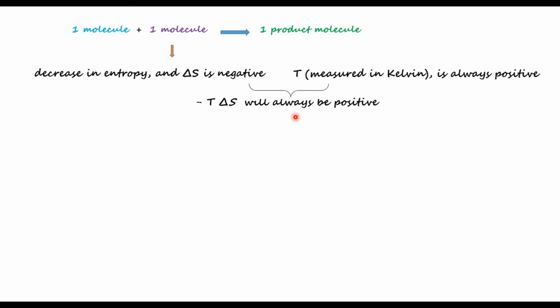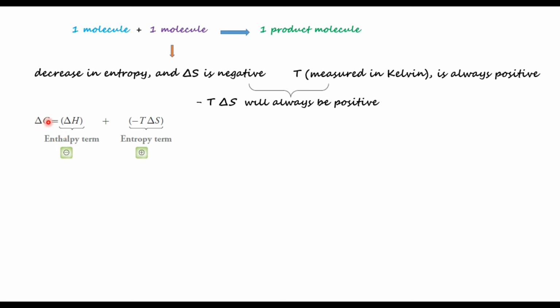Now let us combine the enthalpy term and entropy term. The enthalpy term is negative whereas the entropy term is positive. Therefore, the sign of del G will be determined by the competition between the enthalpy term and the entropy term. In order for del G to be negative, the enthalpy term must be larger than the entropy term.